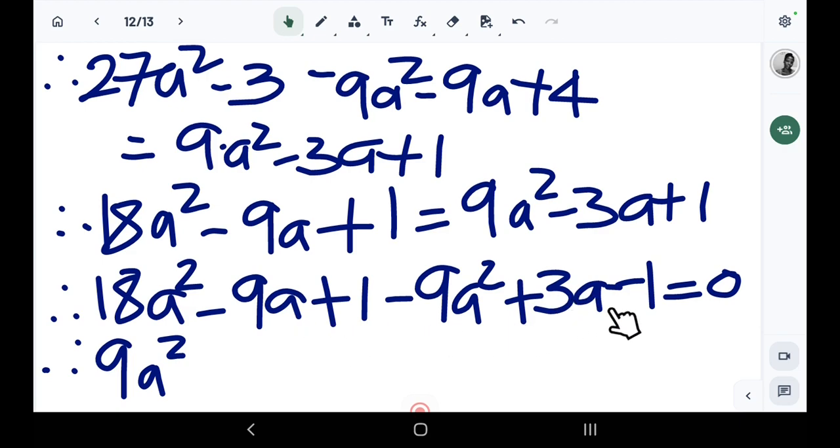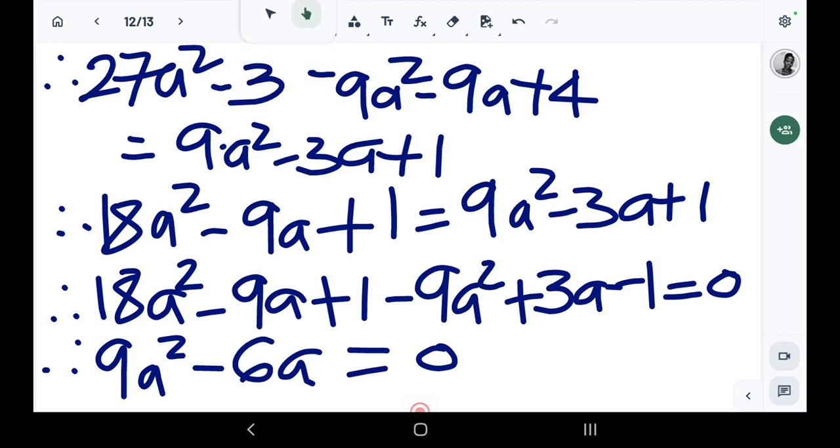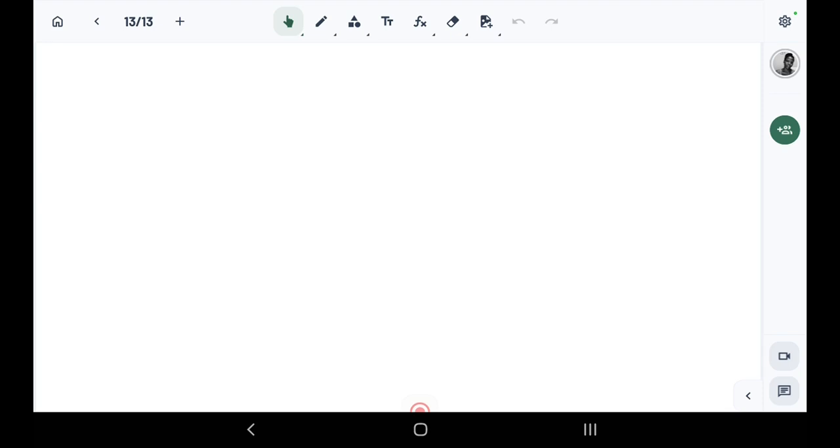Negative 9a plus 3a is negative 6a. 1 minus 1 is 0, so that is 9a squared minus 6a equals 0. Take out the common factor. The common factor between 9 and 6 is 3. The common factor between a squared and a is a. So 3a is the common factor that you take out.